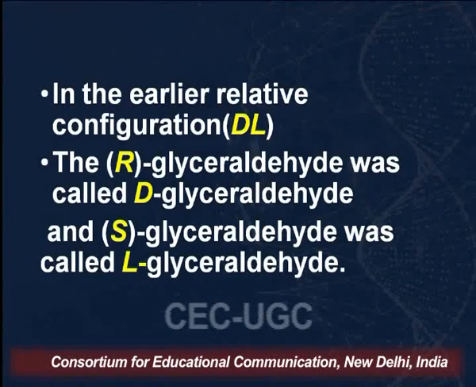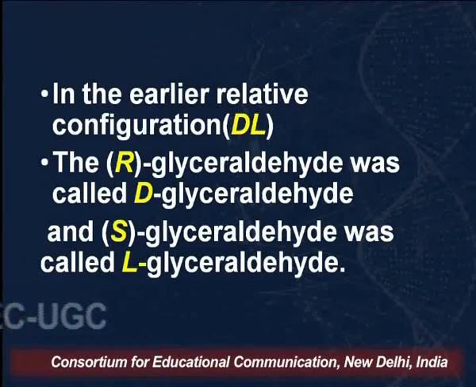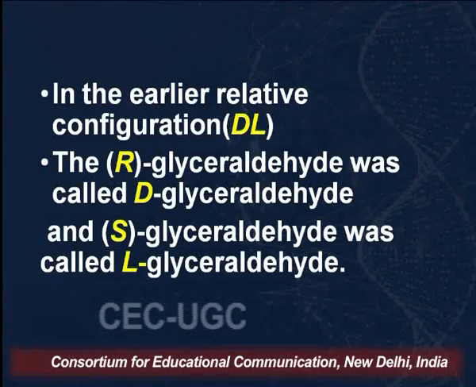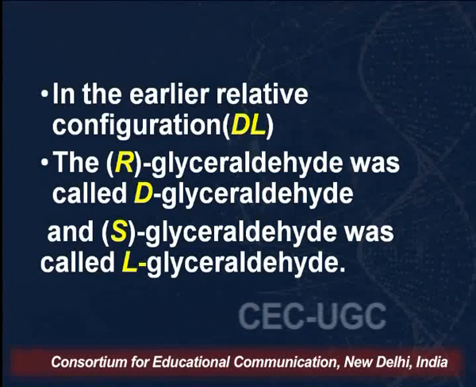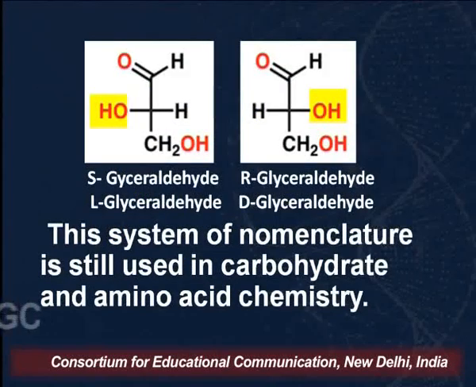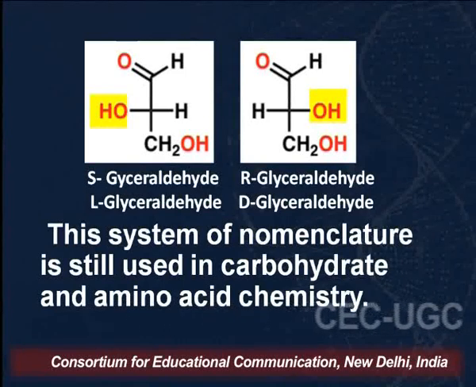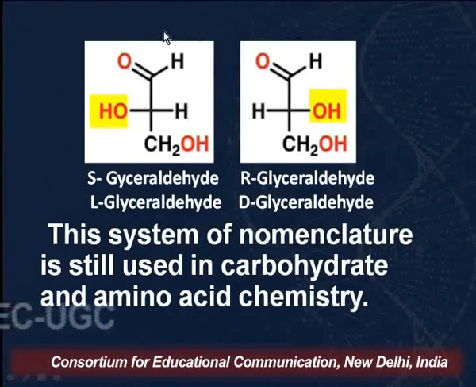Earlier, when we were talking of relative configurations, in which glyceraldehyde was taken as an arbitrary standard, Fischer had drawn the structure of glyceraldehyde as a Fischer projection. In the Fischer projection, the longest carbon chain is taken as the vertical chain with the highest oxidized end, that is the CHO group, at the top.